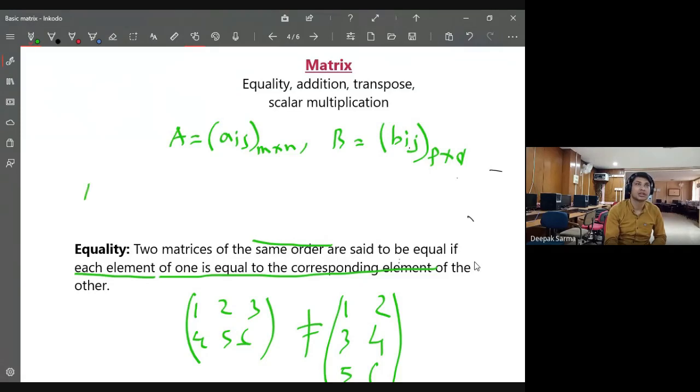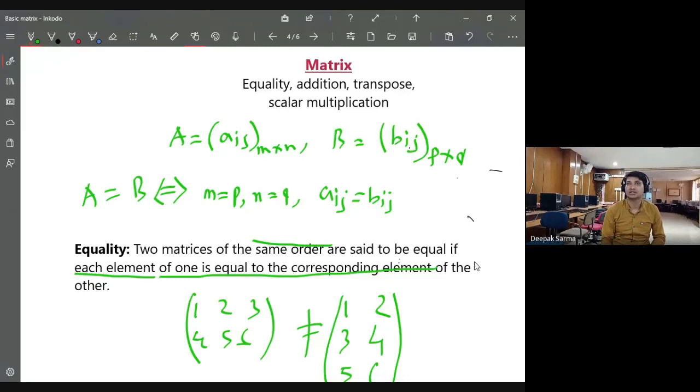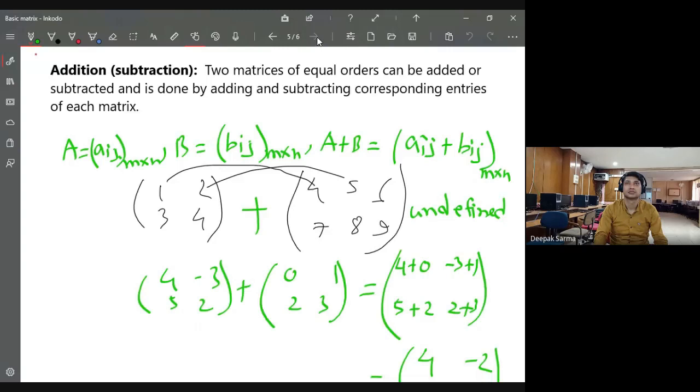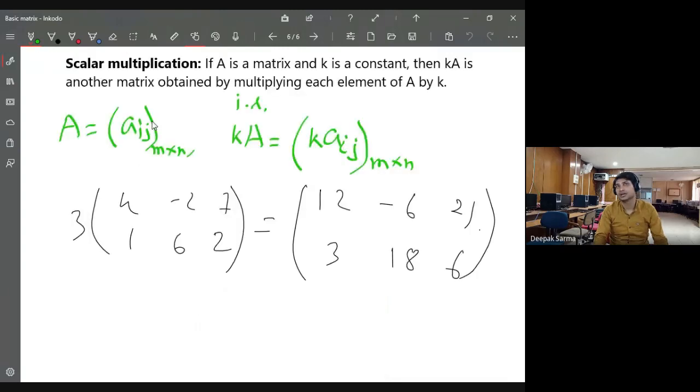Then what do we mean by A equal B? First of all, the order should be the same, that is m must be equal to p, n must be equal to q, then Aij must be equal to Bij for all i and j. Got it? If you want, you can write it symbolically. So I skip this one because I think you can do it. Okay, if you want, I can write it.